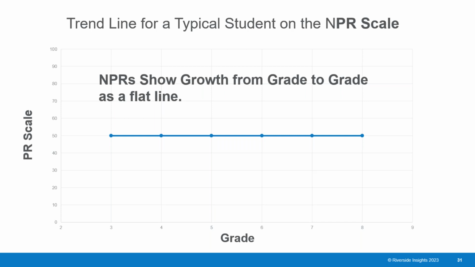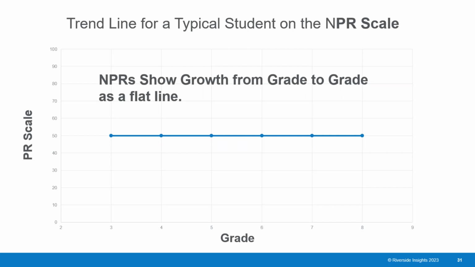If we were to think about this particular student, the typical student in any grade level at the 50th percentile, and look at this in a naive way, we might think, oh, this student's not growing at all. In fact, the student's growing a great deal. The student's relative standing with respect to national norms hasn't changed at all, but the student is growing.